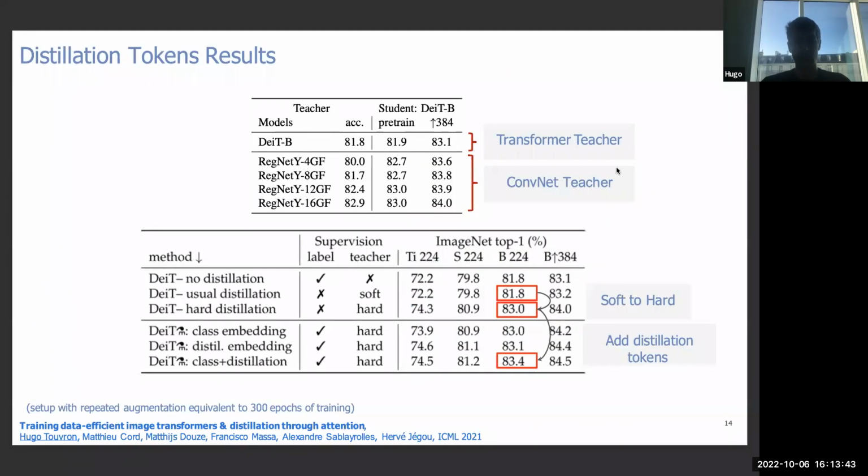We try different kinds of teachers, and as you can see in the first table, ConvNet teachers are better. And it's quite useful to use hard distillation instead of soft distillation. And it's better to use a distillation token. As you can see, we can have some boost in terms of performance, maybe because it removes some bad interaction between the class token and the distillation token. And maybe we can see that like a kind of ensembling, because the class token and the distillation token learn features in a different way.